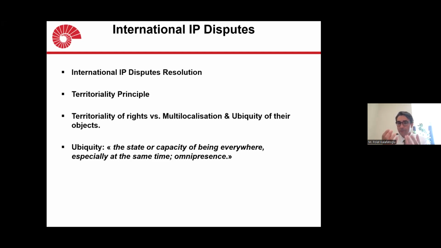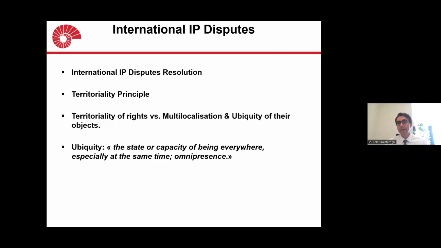And when you have a foreign element, when you sign this license agreement with a foreign company, the IP disputes become a private international law issue, a private international law problem. So territoriality and IP rights becoming the subject of an international contract.